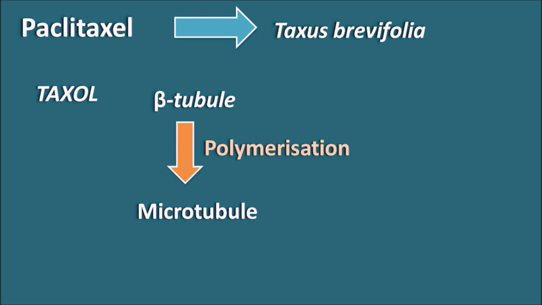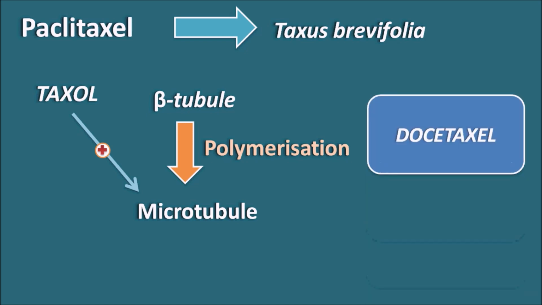But Taxol stabilizes the microtubules so that they are frozen and not detached, so that mitotic division is inhibited. In this way paclitaxel acts on cell division by stabilizing the microtubules. Again, paclitaxel is used in the treatment of cancer, and one of the semi-synthetic derivatives related to paclitaxel is docetaxel.